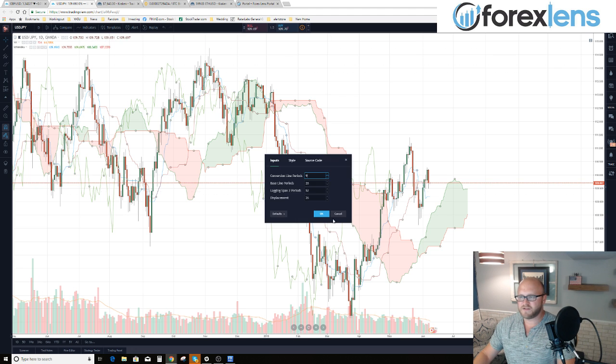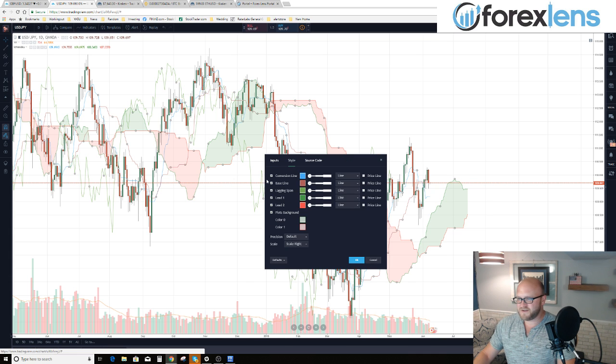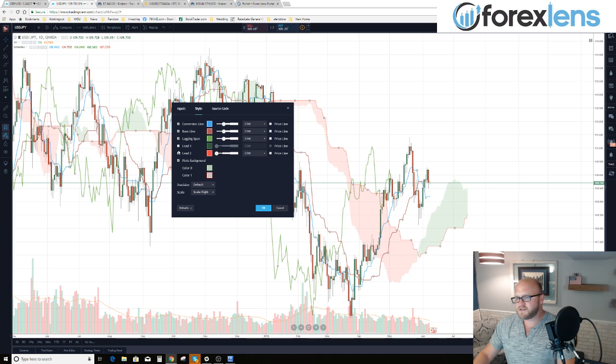So what I like to do is never change these. Don't ever change those. But I like to make the conversion, base and lagging span lines one or two thicker, and then the lead lines, we don't need those, but we do need the backgrounds plotted, and those are fine.